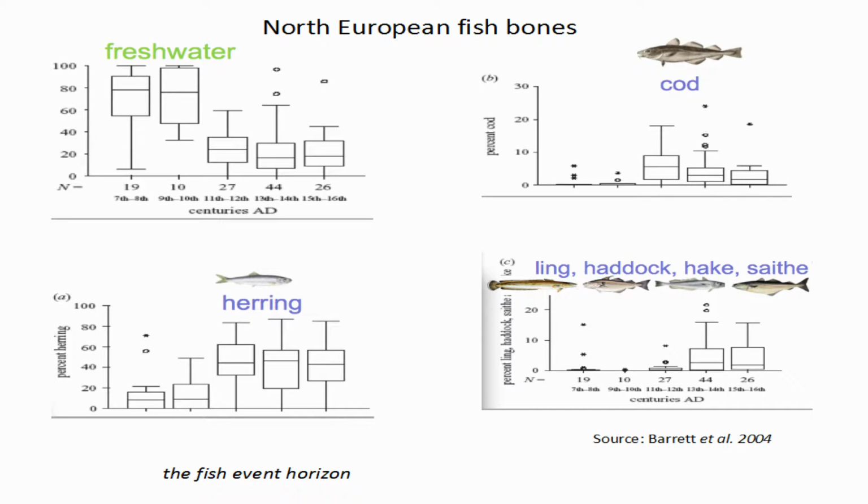One eye-opening research result was published by one of the working group leaders of the COST Action, James Barrett, some 10 years ago, which established the fish event horizon in Europe.